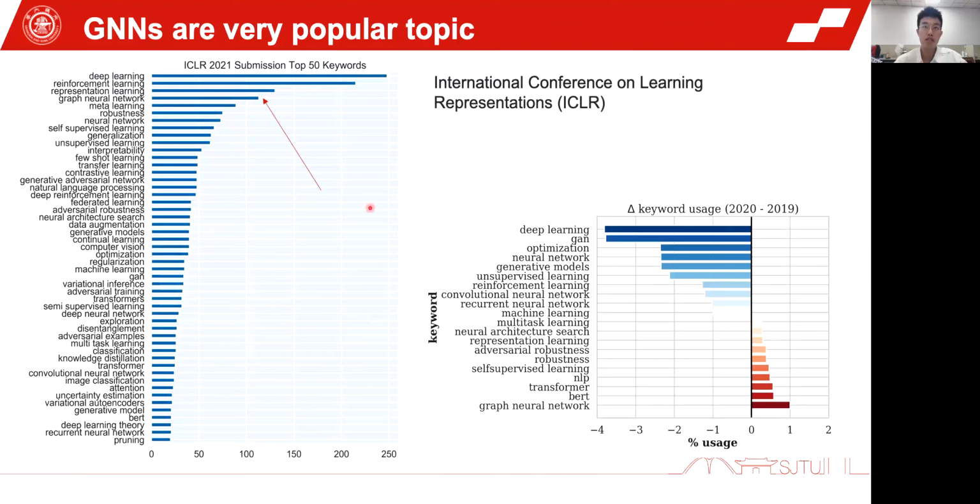As we can see in this picture, GNN is regularly among the fastest growing keywords for the top machine learning conference, ICLR, International Conference on Learning Representations. So, GNNs can be seen as currently experiencing their moment of explosion.